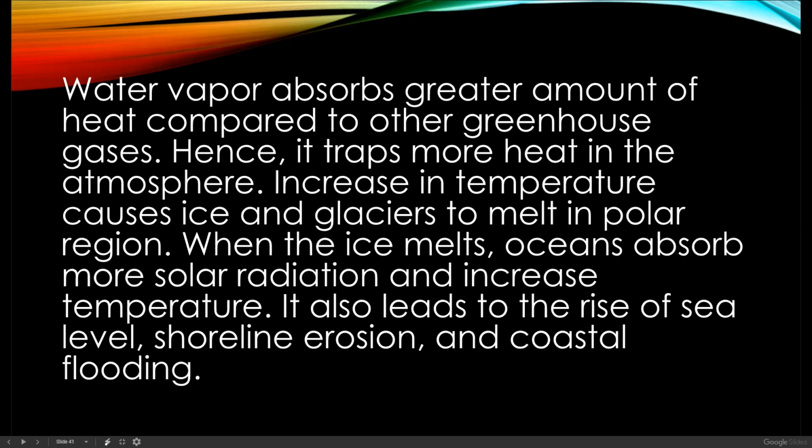Okay, because naturally, if we look at the bigger picture, the climatic condition changes from time to time, slowly.